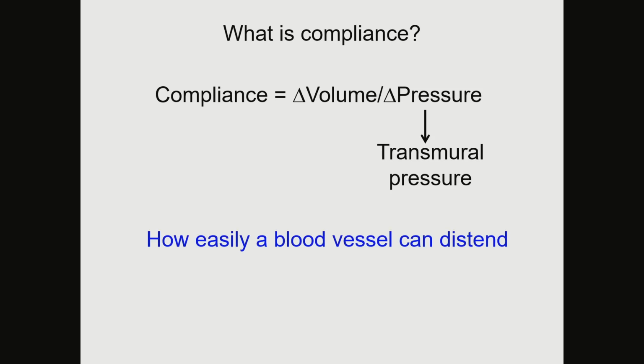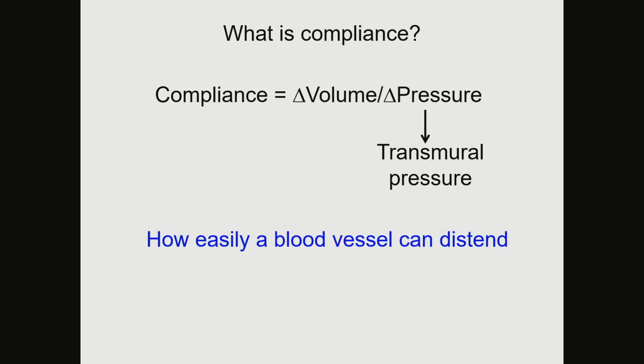And this is essentially how easily a blood vessel will distend. So if we have a very compliant tube, then if we put a bunch of blood in there, there is not a great change in pressure, meaning the blood vessel has distended a lot.